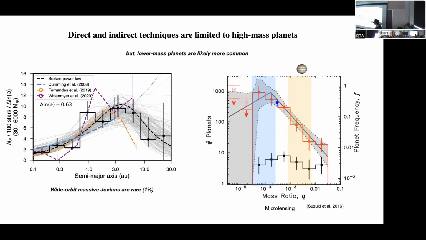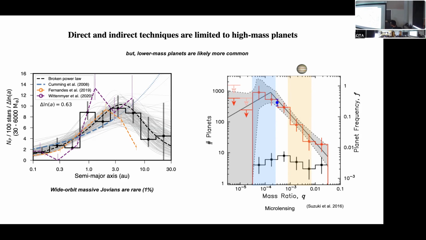You can see that there is a rise in the occurrence of giant planets all the way up to roughly a few AU, and then it falls off again. There are extrapolations, but in principle, we expect that at something in the order of 100 AU, the typical distance that we're actually looking at, the rate of giants would be in the order of 1% or less, right? This is also confirmed by direct imaging campaigns, so it's somewhat consistent. So giant planets are rare, especially at these distances, modulo migration, of course.